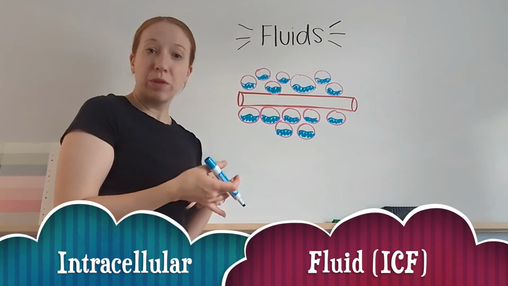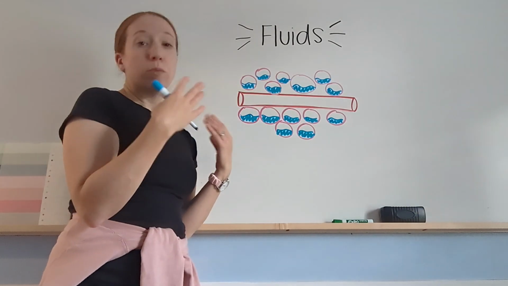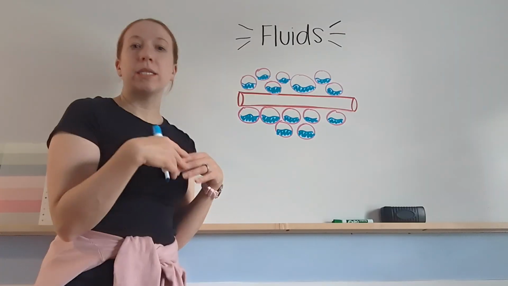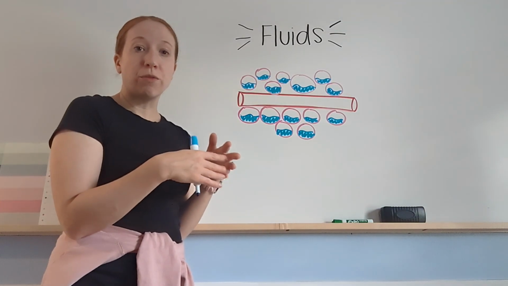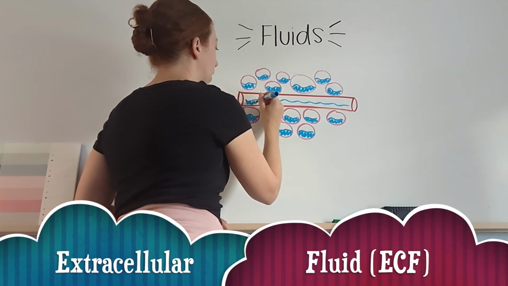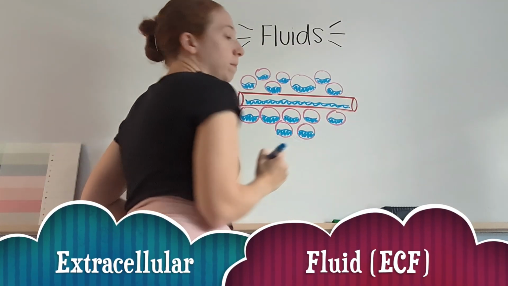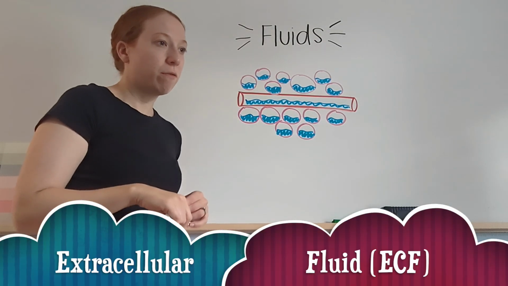Then we also have fluid that's circulating within our bloodstream, within our vessel, like red blood cells and platelets and other components. And that is called extracellular fluid, or ECF. So this is our ICF and this is our ECF.